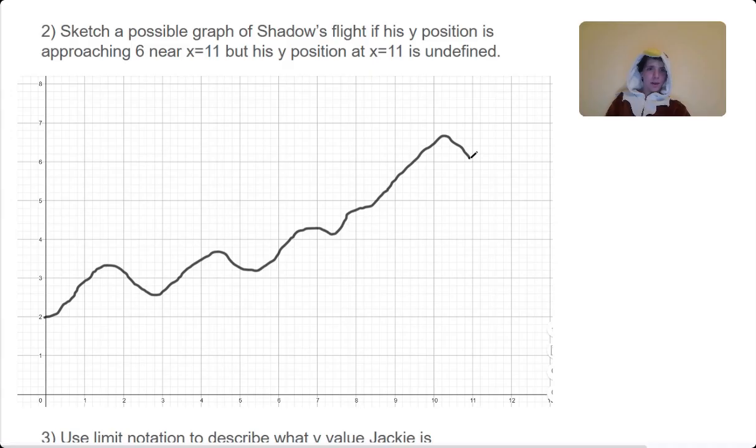And then it's undefined, so we're going to draw an open circle. And then it can be anything after x equals 11. So it's just going along that path like that. And as long as you have a path with an open circle at 11, 6, that would be correct.